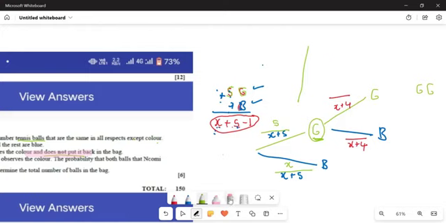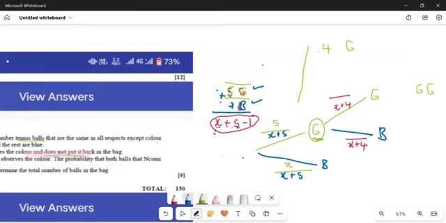How many greens are remaining now? We have 4 green. So we'll still have 4 green.